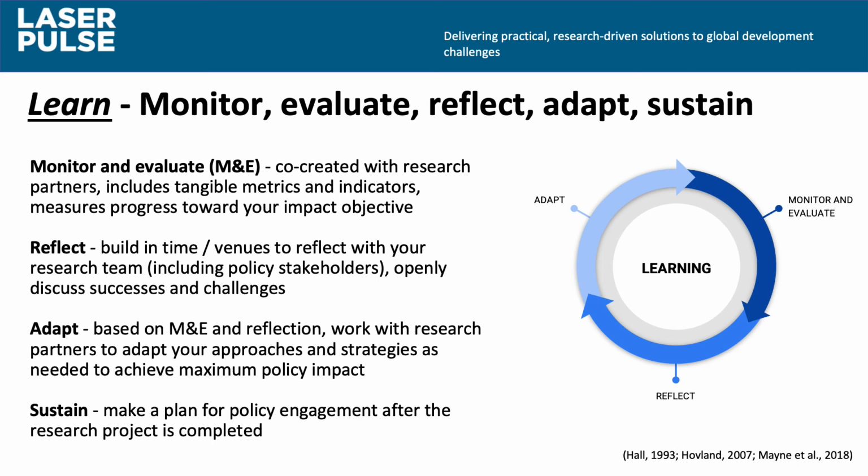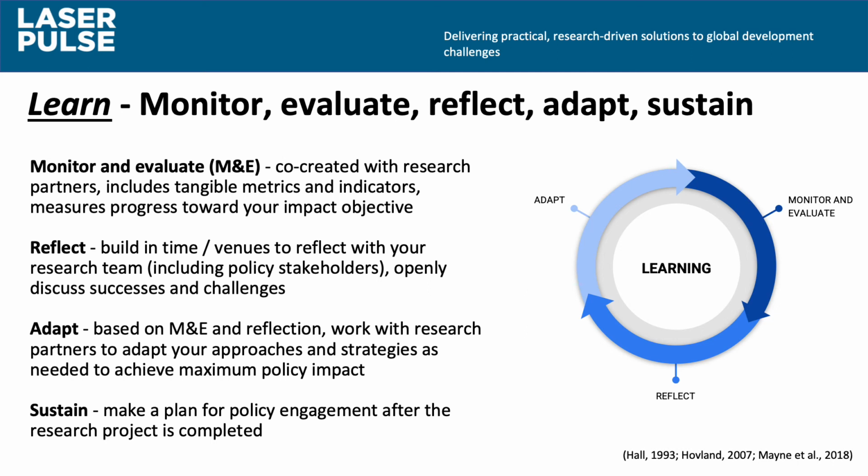An example of this type of framework is one by Hovland, published in 2007, with the full reference available on the reference slides at the end of this slide deck. In addition to monitoring and evaluation, it is important for researchers to build in time and settings for reflection on how their research project is going.